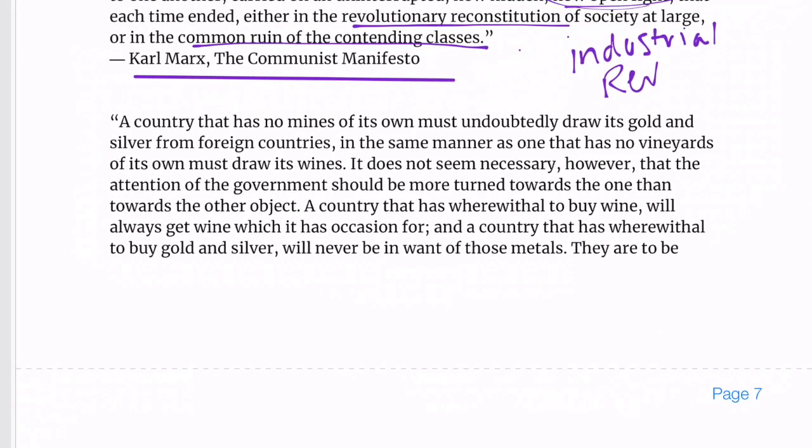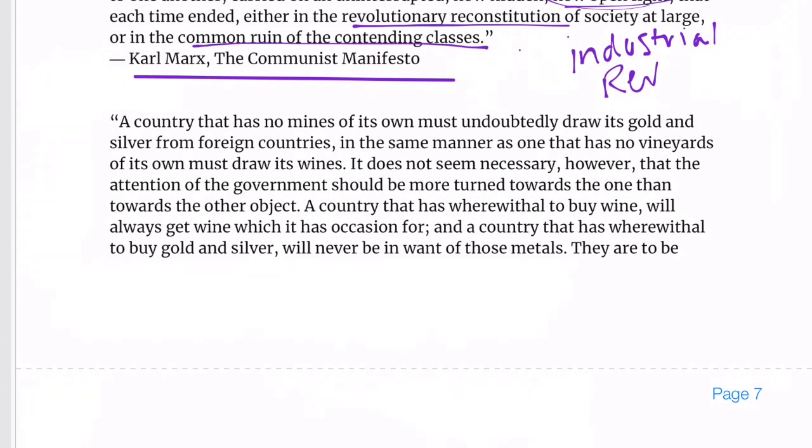Adam Smith says, a country that has no mines of its own must undoubtedly draw its gold and silver from foreign countries, in the same manner as one that has no vineyards of its own must draw its wines. It does not seem necessary, however, that the attention of the government should be more turned toward the one than towards the other object.